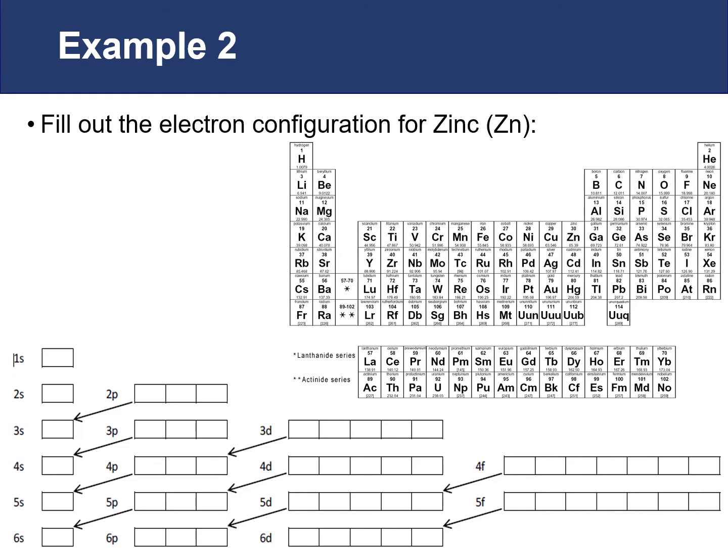Let's look at another example, zinc, which has an atomic number of 30. So if it is neutral, it has 30 electrons. So we will fill out our orbital diagram, and that will let us know what the electron configuration is. So 30 electrons, we do 1, 2, 3, 4, 5, 6, 7, 8, 9, 10. And as I'm filling this out, you'll notice that I half fill them before I fully fill them, again because of Hund's rule.